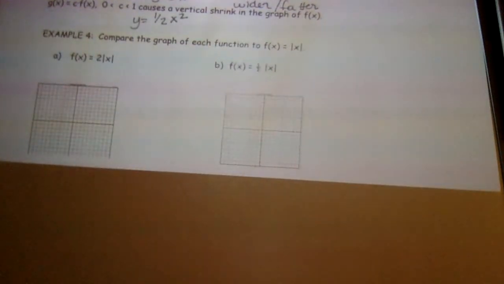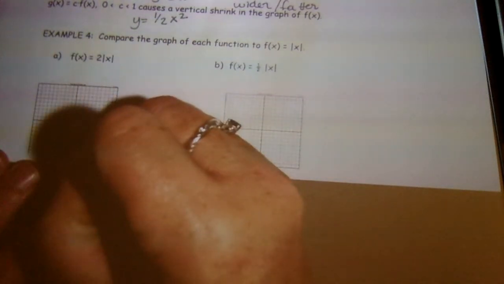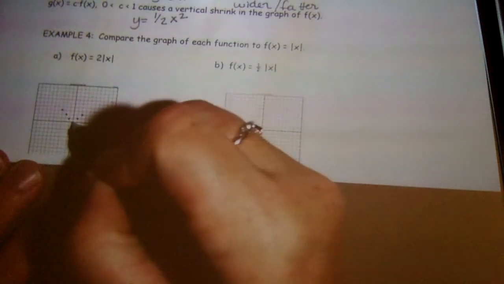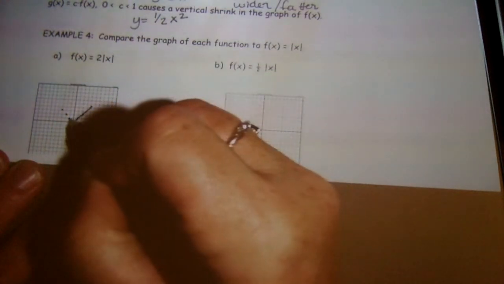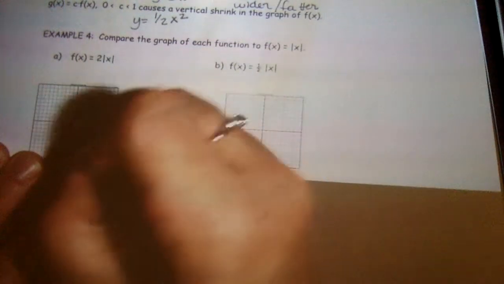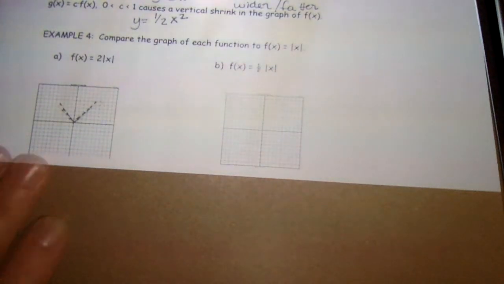Okay, what I'm looking for you to know is when I take the absolute value of x, that's this right here, and I want to make it dotted. When I put a 2 in front of it, what happens to that graph? It's skinnier.